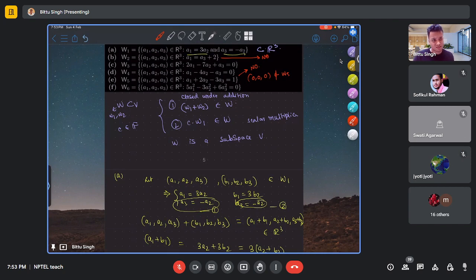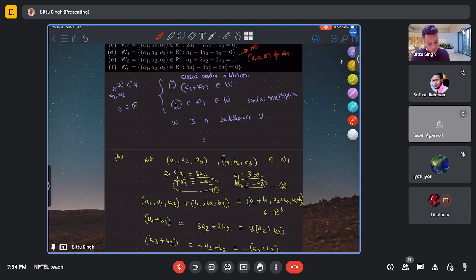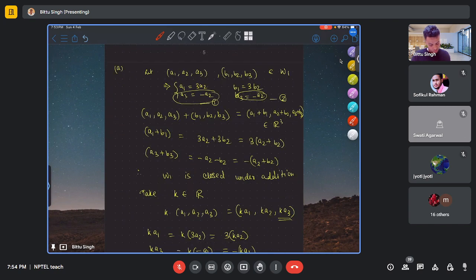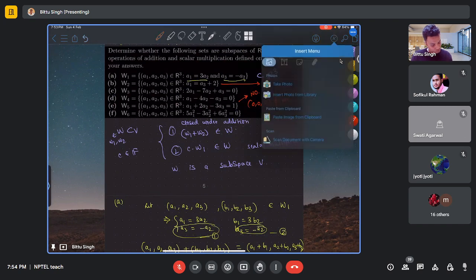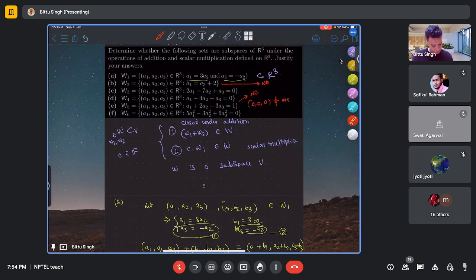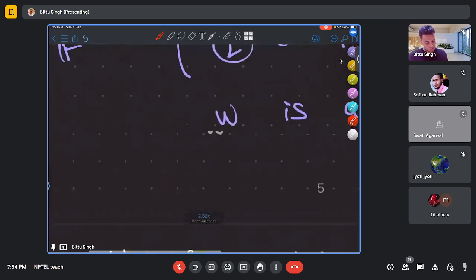Instead of linearity, let us check scalar multiplication because it is much easier. For F, 5a1 square minus 3a2 square plus 6a3 square.